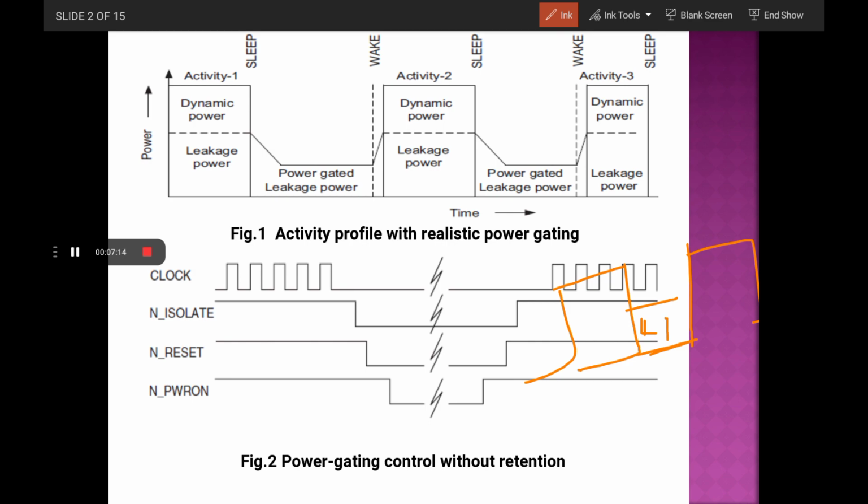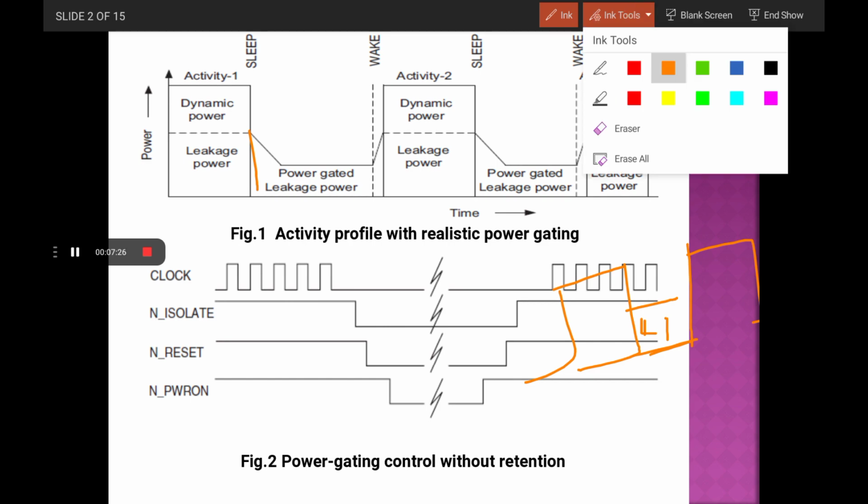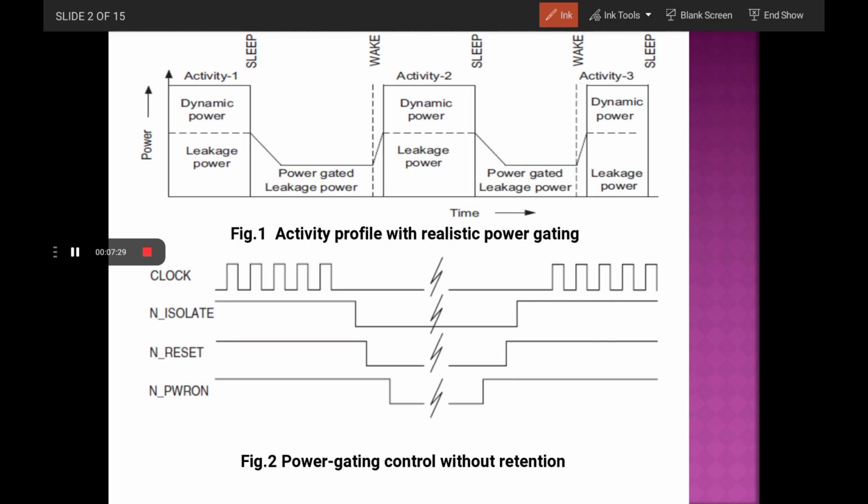But if the current is suddenly driven like this, there is a possibility that spikes will be generated. So the current is increased linearly, therefore no spikes will be produced in the corresponding circuit. For that purpose, the power gating can be provided in this ramp-wise fashion, so no spikes will be produced in the signal.